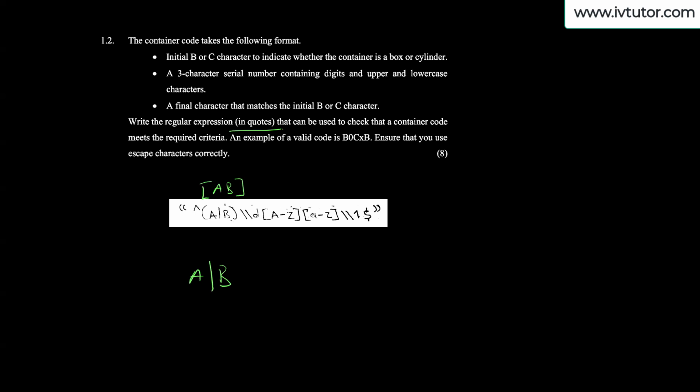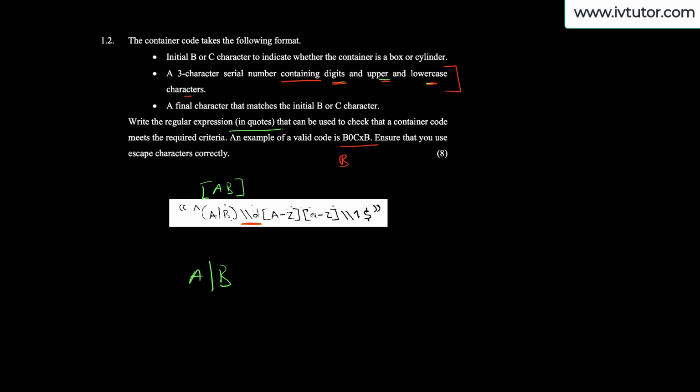Then you went with a 3-character serial number containing digits, uppercase, and lowercase. So here you went with a digit after your initial character. So remember your 3-character serial number here does not always start with a digit, but it contains digits, upper and lowercase characters, which means it can be like this.